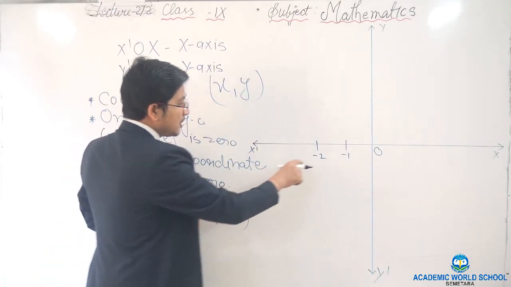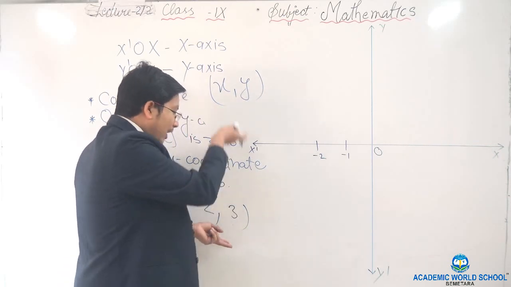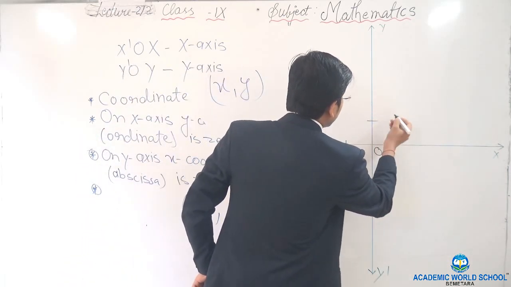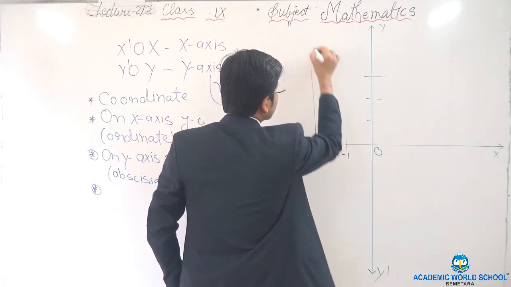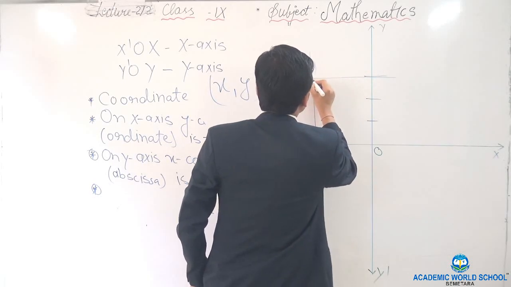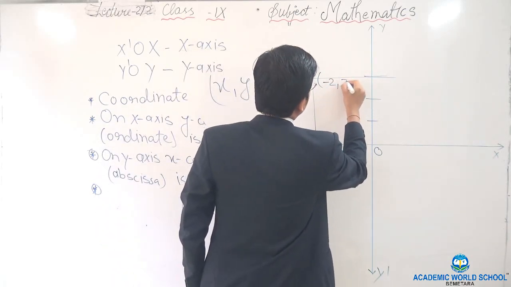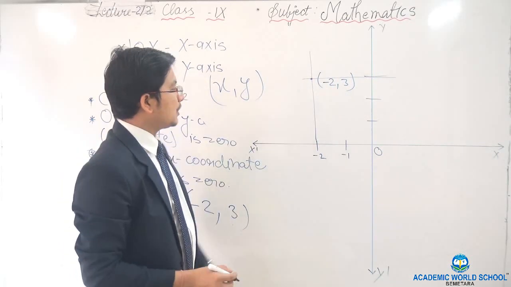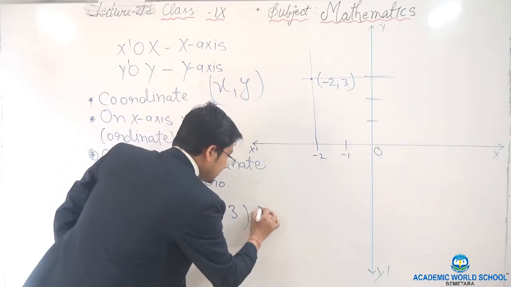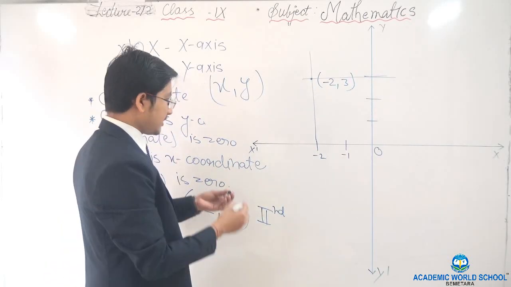Since this is -2, the point is -2 and then 3. So the coordinate of this point will be -2, 3. This point is lying in the second quadrant.